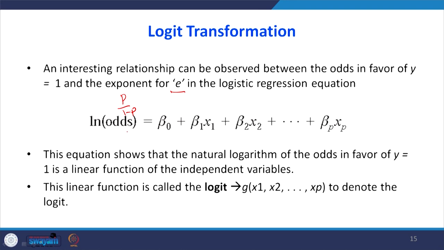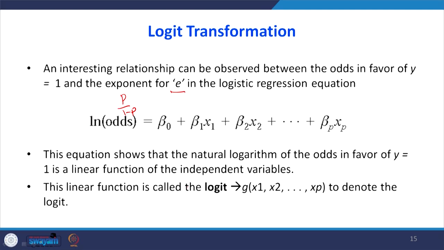So log of odds equals beta 0 plus beta 1 x1 plus beta 2 x2 up to beta p xp. This equation shows that the natural logarithm of the odds in favor of y equal to 1 is a linear function of the independent variables. So why are we taking log? So that it will become a linear function.